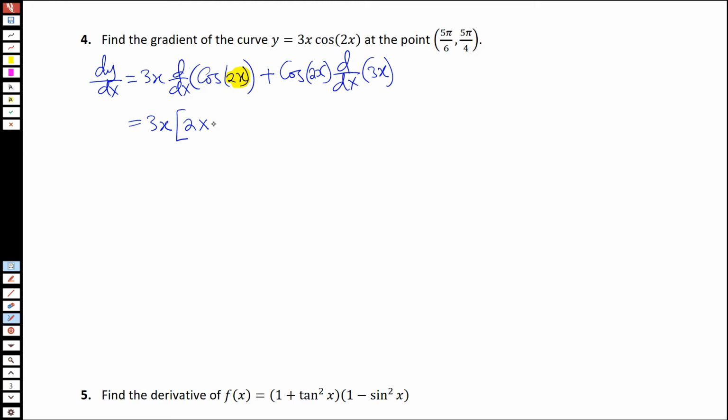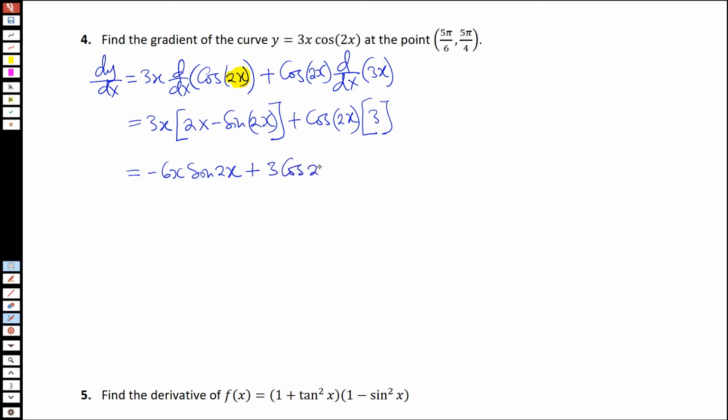Derivative of cos is negative sine, and our x happens to be 2x, plus cos 2x multiplied by derivative of 3x, which is just 3. And then we put these results together, so that will be equal to negative 6x multiplied by sine 2x plus 3 cos 2x.